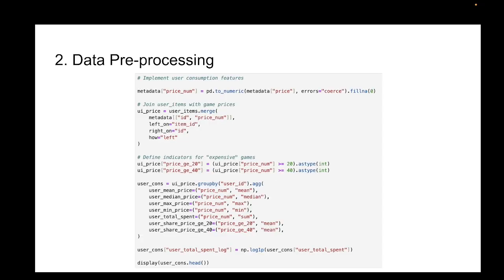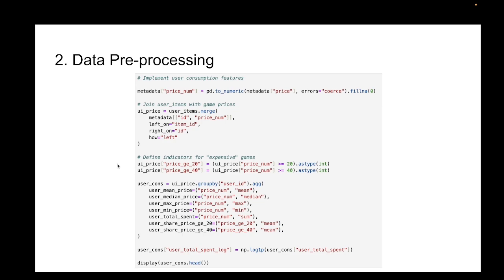And here we are trying to implement user consumption features. Here we are just joining the user item with the price, and we are trying to see how many expensive games the user owns.